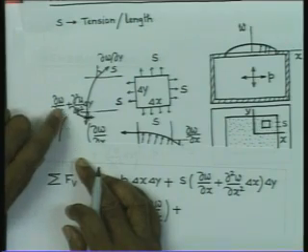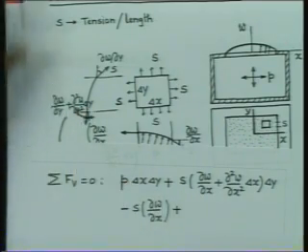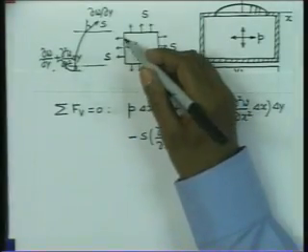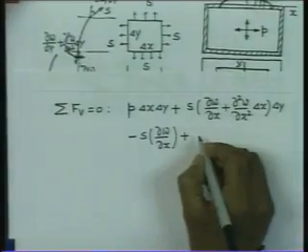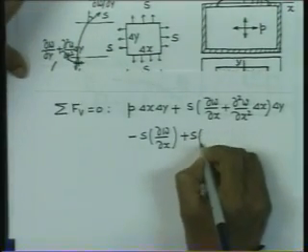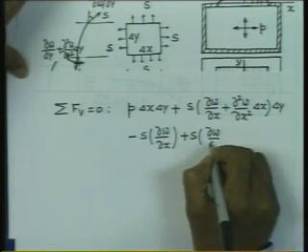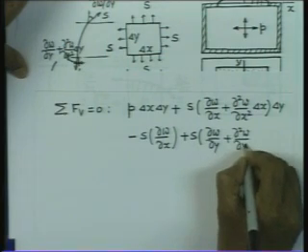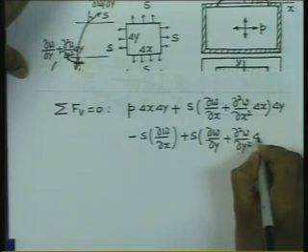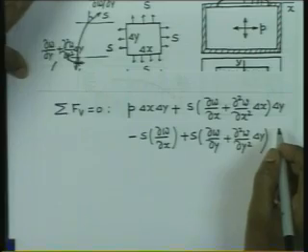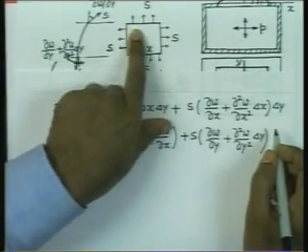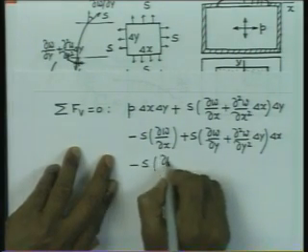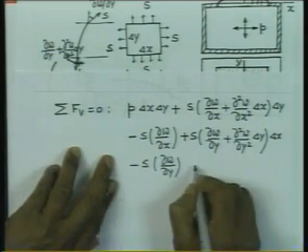So, now this is acting on the face of length equal to delta y. Therefore, we can write S into ∂w/∂y plus ∂²w/∂y² into delta y, and this is acting over the face of length delta x. So, delta x minus S ∂w/∂y is equal to 0.